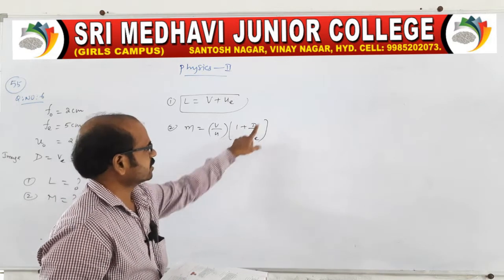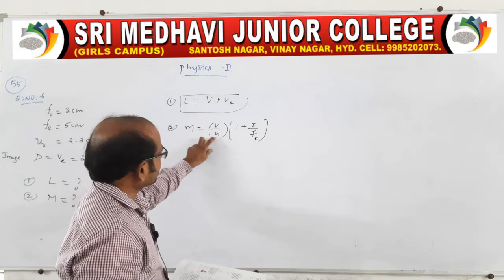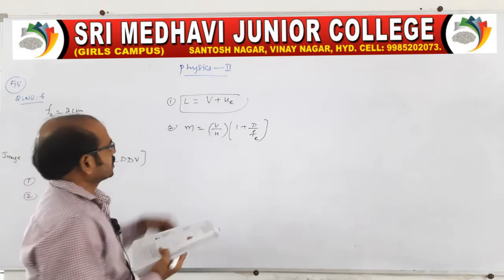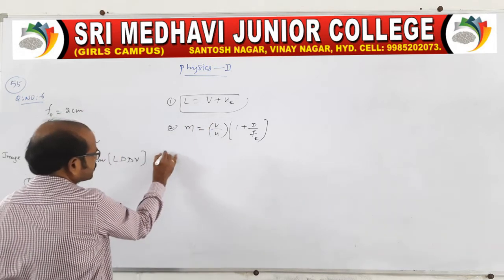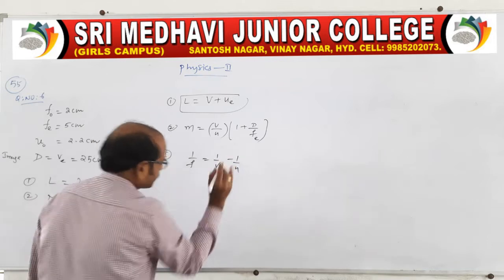D is already there, Fe is already there, but we don't know V. U is there, of course, so we should get V. For that purpose, take the lens formula: 1 by f is equal to 1 by v minus 1 by u.